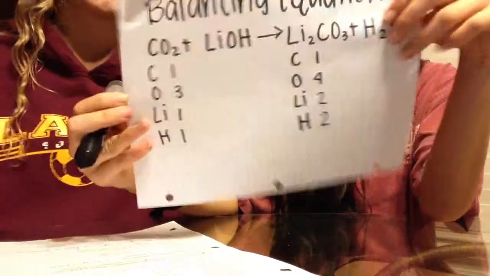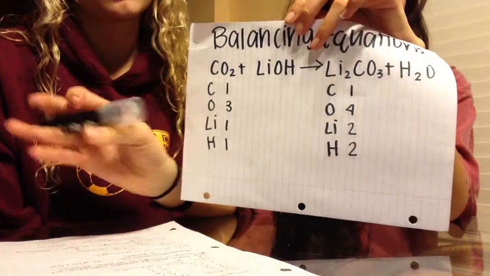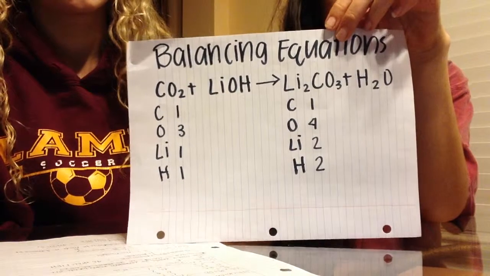Now, as you can see, these are not balanced. These numbers are not the same on both sides. So, even though it looks kind of backwards on here, it's okay. What we need to do is add the coefficients.